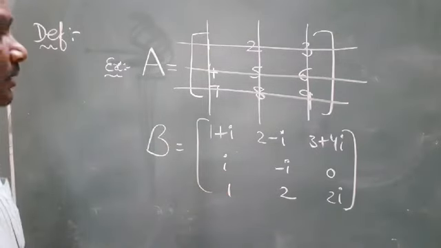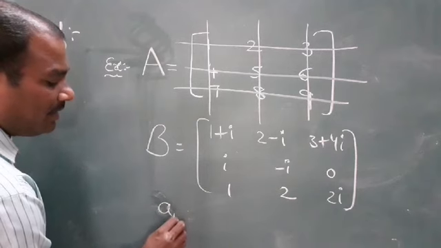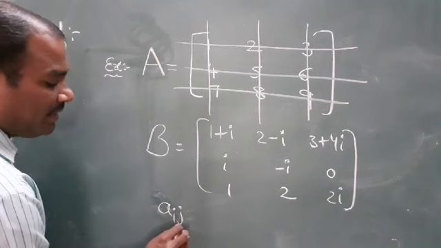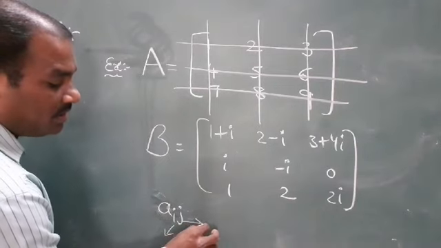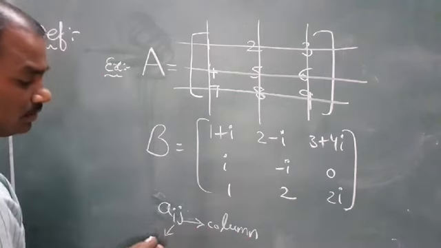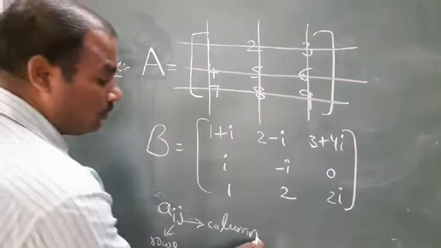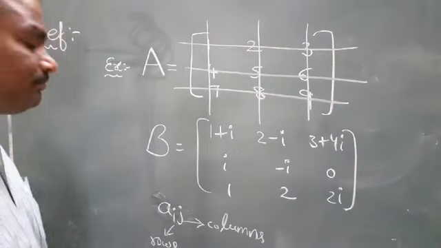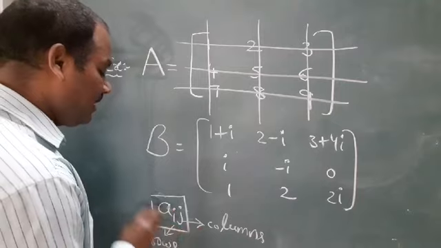It is denoted by a i j. i stands for rows, j stands for columns. Okay? Here, observe, a i j.